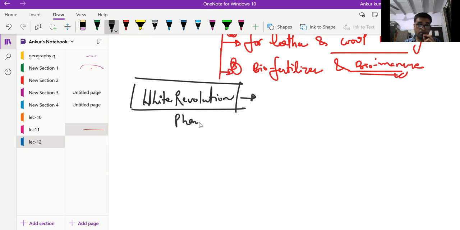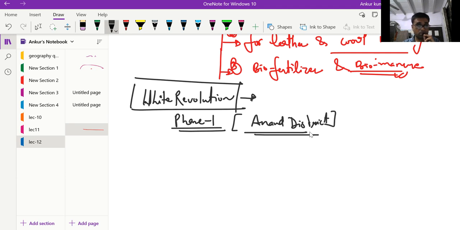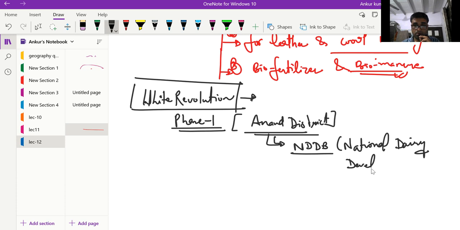Let us begin. Phase number one started from Gujarat, and the main area in Gujarat was Anand district. Seeing the success of Anand district, the government constituted the National Dairy Development Board. This board was given the responsibility to expand the white revolution.